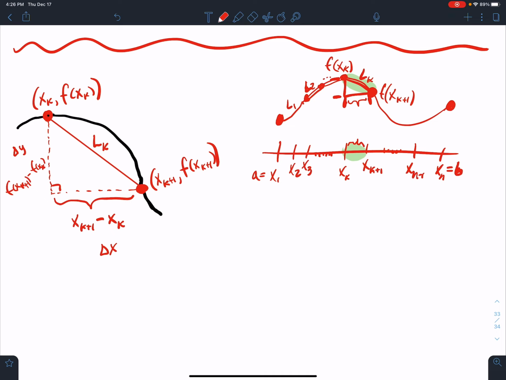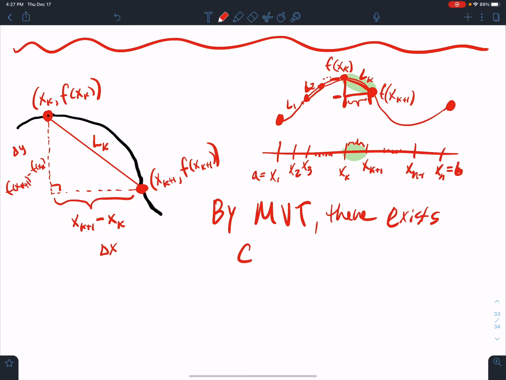Well, by the mean value theorem, we know there exists some ck value that's between xk plus 1 and xk. So there's some value between these two values.